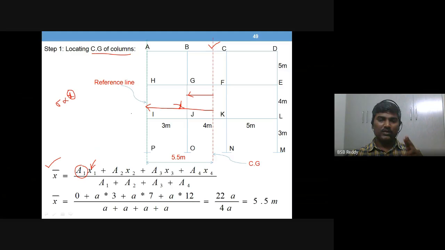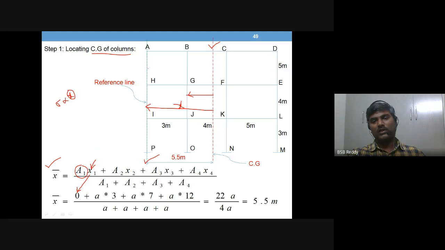So this is now the reference line, this one vertical line where the first column exists. x1 means the distance of the column from the reference line. Column 1 and the reference line are at the same location, so the distance is 0, hence that term is 0. Then a2 x2, where a2 is the cross-sectional area of column 2.